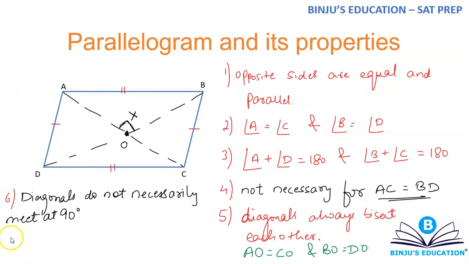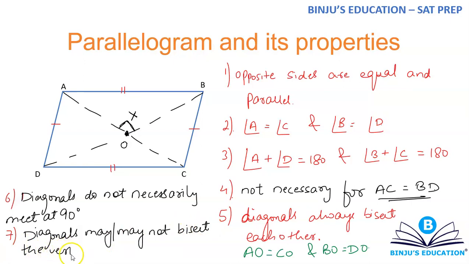And the last one, the diagonals may not bisect the vertex angle.